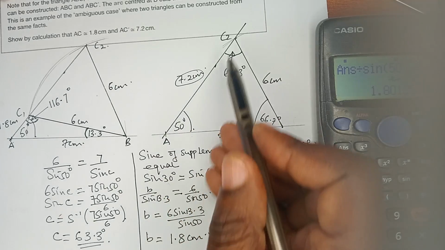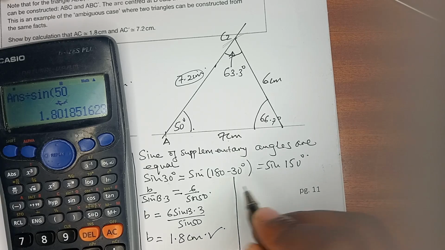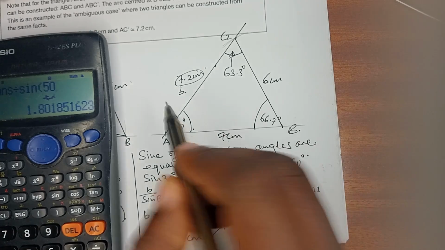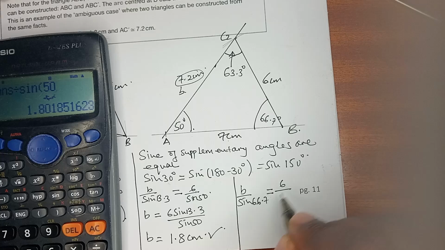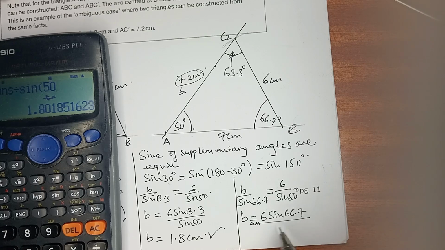Confirmed. How then do we confirm this being 7.2? Again, we have to say that if we continue to call it side B because we don't know, and this is angle B, B over the sine of 66.7 is equal to 6 over the sine of 50 degrees. And again, after cross multiplication, B becomes 6 sine 66.7, everything over the sine of 50 degrees.